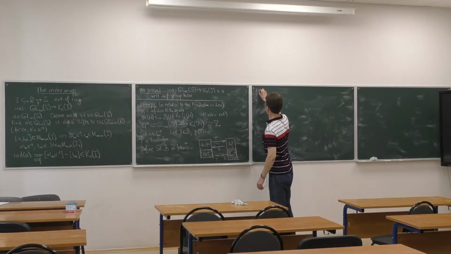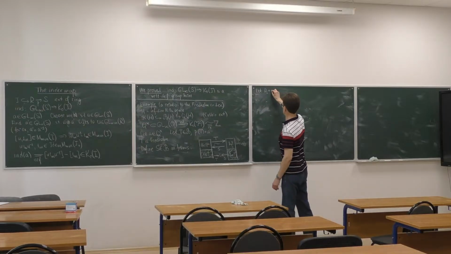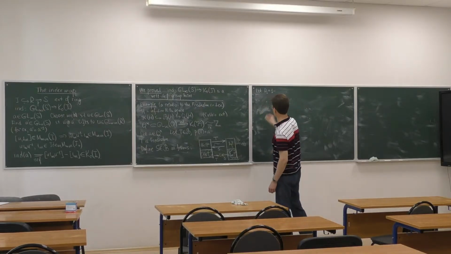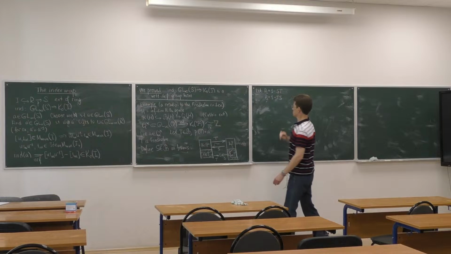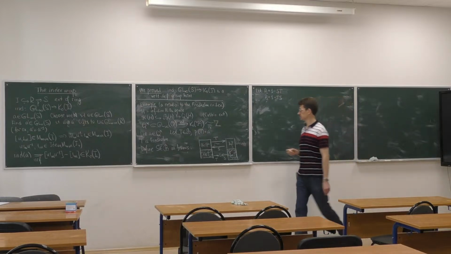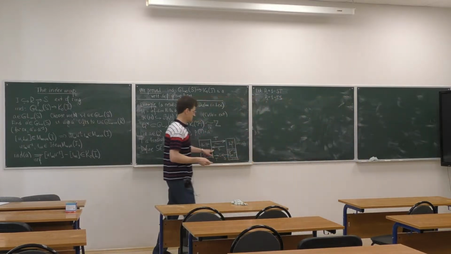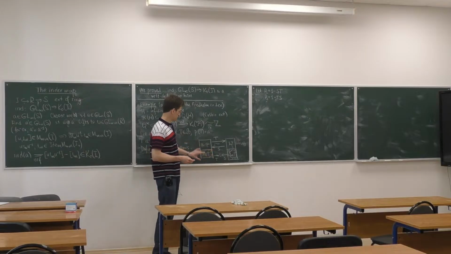Okay, let's now introduce the following two operators. P1 will be the identity map minus ST, and P2 will be 1 minus TS. So what can we say about these operators? Well, ST is obviously the projection onto the orthogonal complement of the kernel.